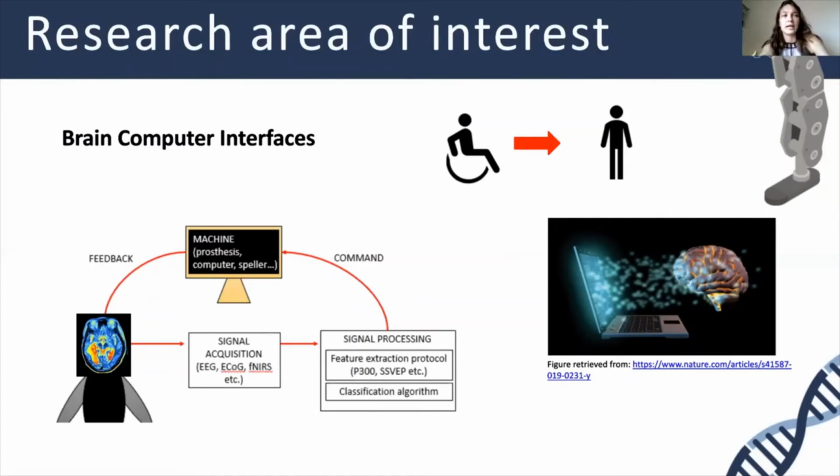And this is done by recording brain signals, by processing them and giving them to a computer or a machine to give a command. So this is the case for controlling a prosthesis, for example, just by using mental power and simple brain thoughts to control a machine. And I think it's a really interesting and fascinating field of research.